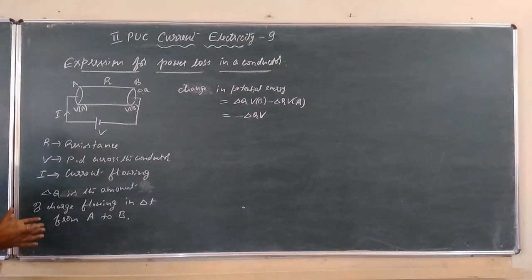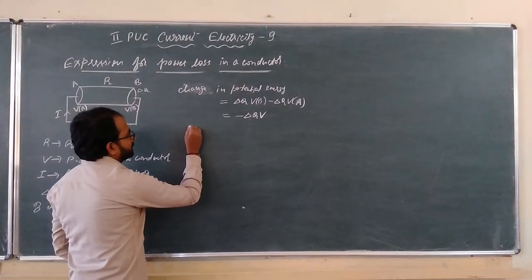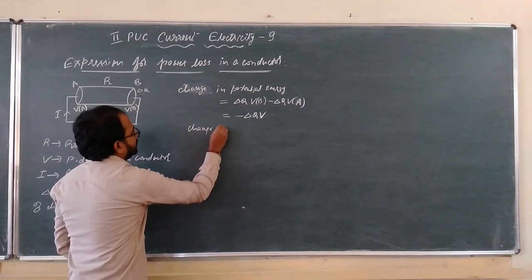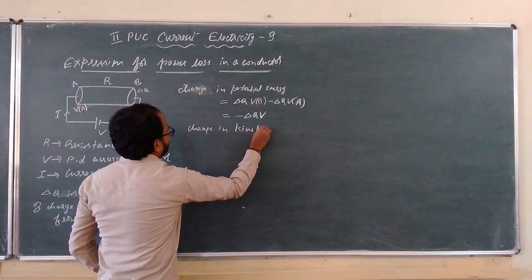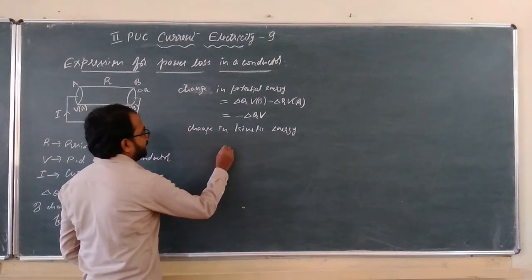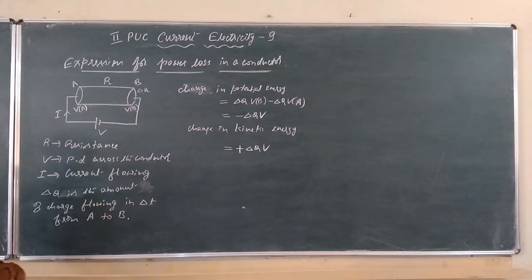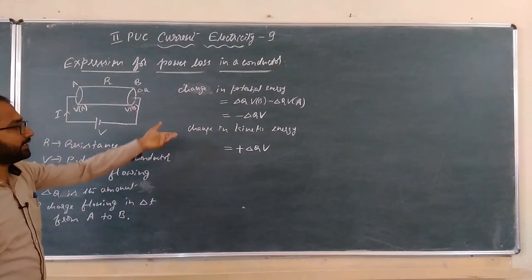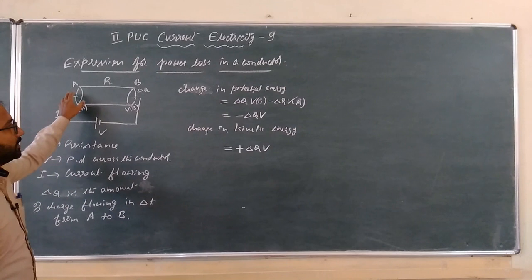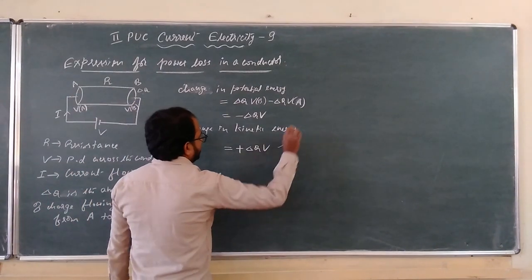In the ideal case, the change in kinetic energy is equal to plus delta Q into V, because the loss in potential energy is converted into gained kinetic energy. So this is the ideal case.